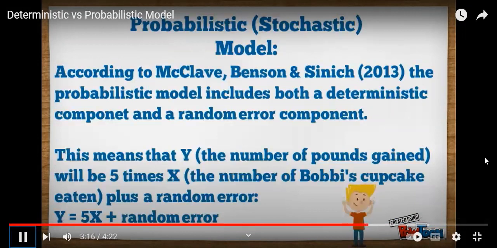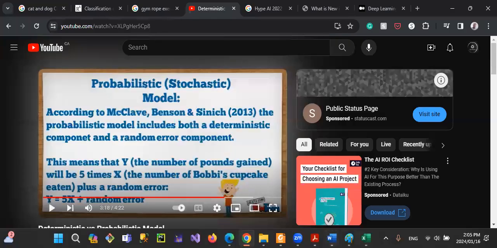We always have something like this: y is equal to 5x plus random error, or just error. And people use something like epsilon as the sign for it, so 5x plus epsilon. This is the probabilistic model that we could face.